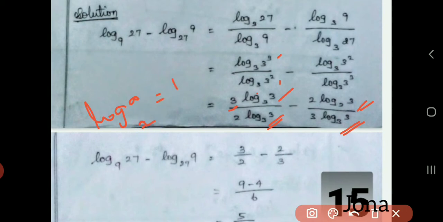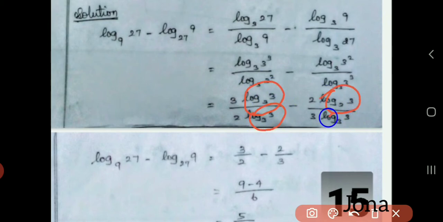So log 3 base 3 is 1 in each place. Totally I will have 3 by 2 and here also 2 by 3. Then take the LCM and simplify, and you will get the answer for this problem. So the answer is 5 by 6.